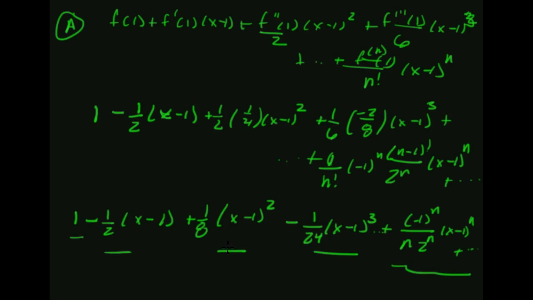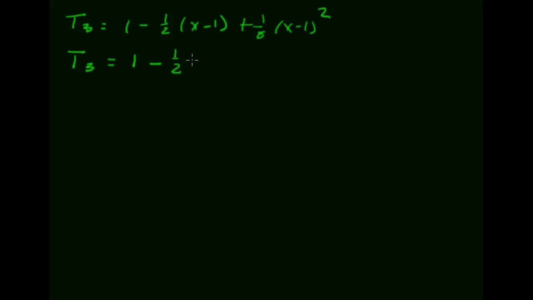Part B asks us to make an estimate using this. So let's do that. So we're using the third degree polynomial to make an estimate. So that's 1 minus a half times x minus 1 plus an eighth times x minus 1 squared. If you throw things in there, you're going to get 1 minus 1 half.